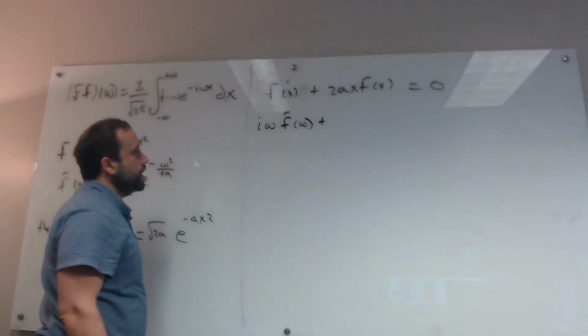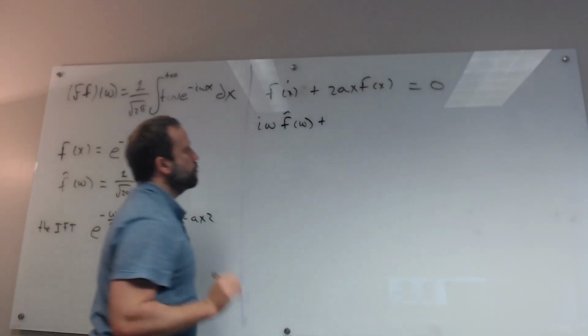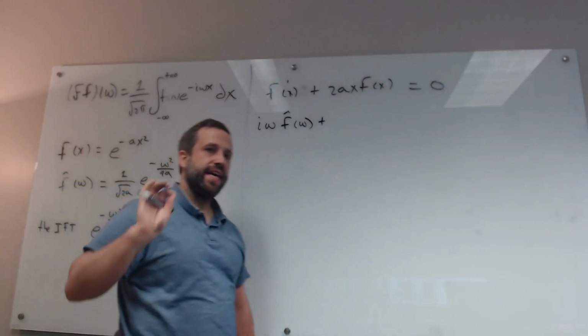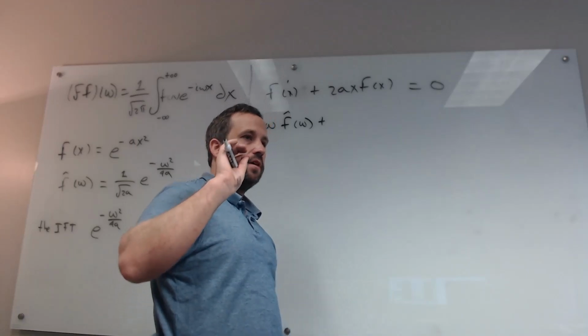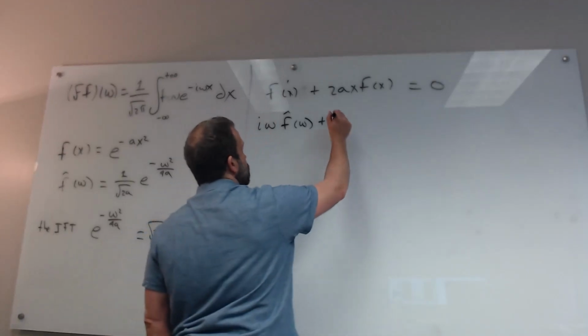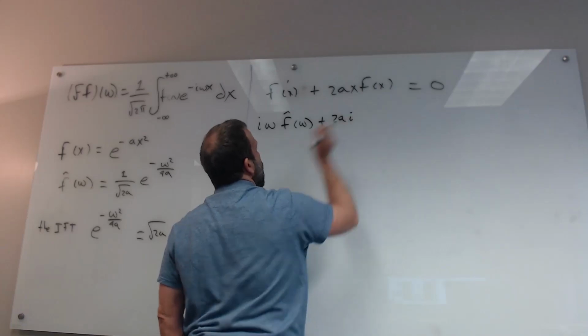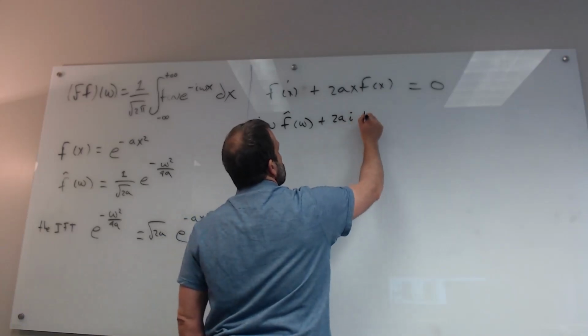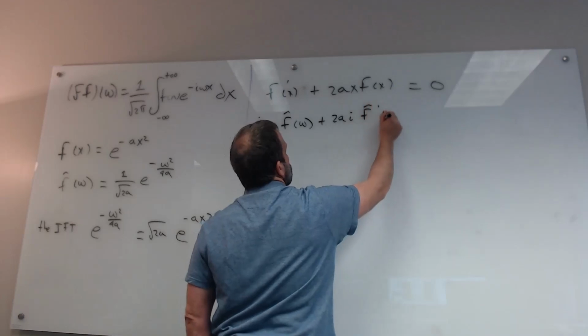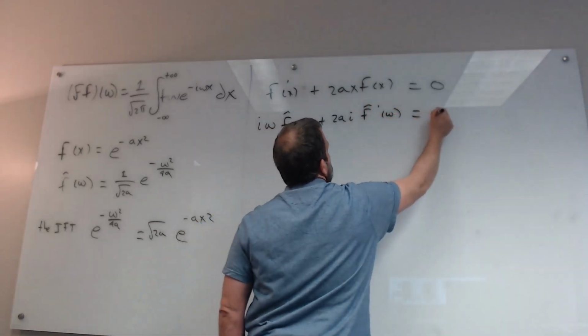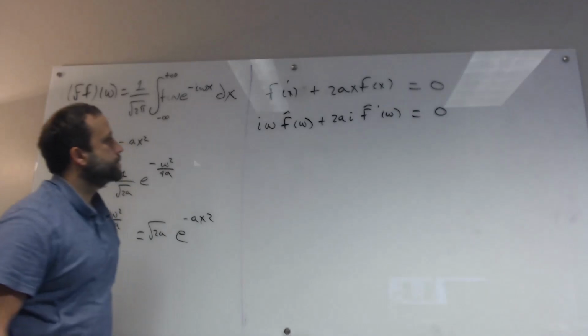And over here, the Fourier transform of x f of x is i times the derivative of the Fourier transform. So this is going to be plus 2a i times the derivative of the Fourier transform, and that's equal to 0.